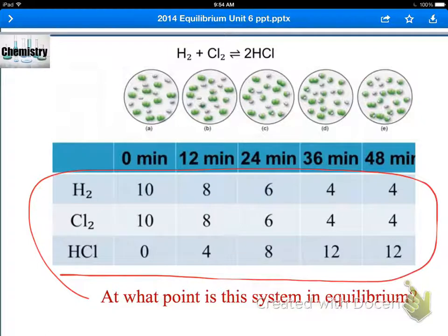So at what point is this system in equilibrium? 0, 12, 24, 36, or 48 minutes? Well, hopefully you answered that at 36 minutes I've reached equilibrium, because I can see that the concentration of H2, Cl2 and HCl all become constant.